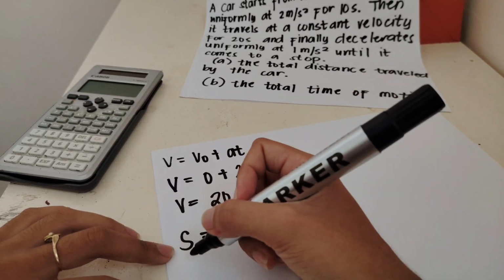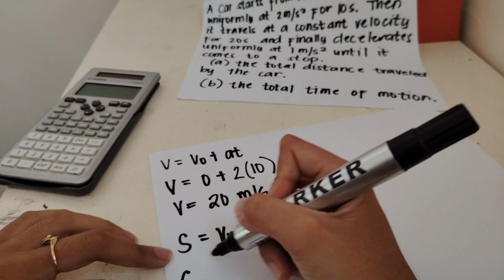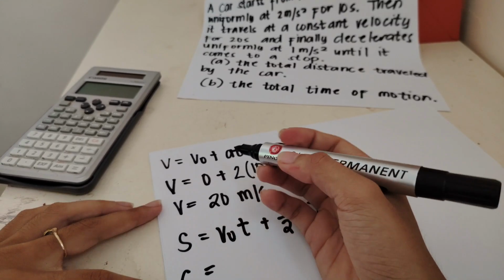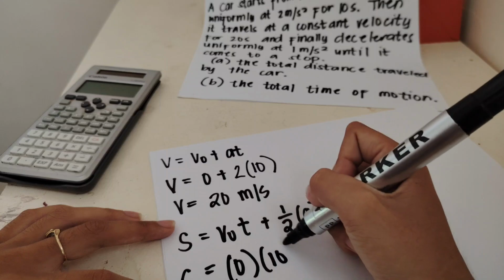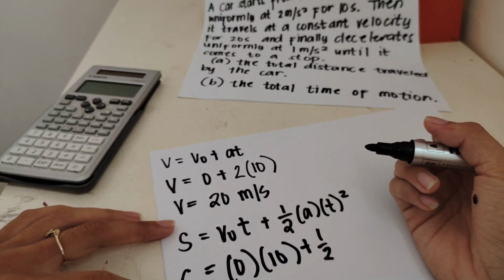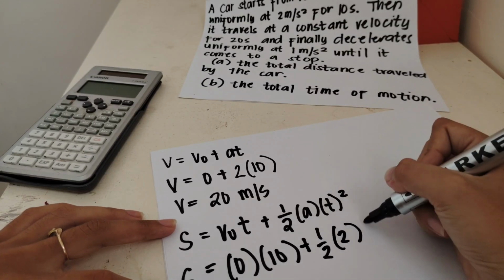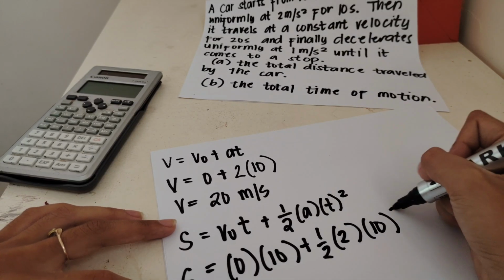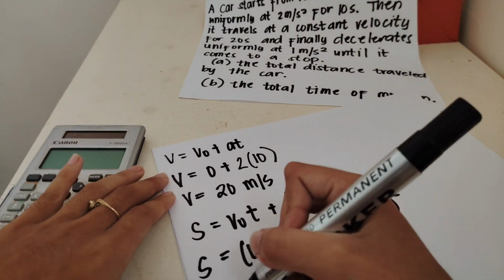So S is equal to initial velocity 0 times the time 10, plus 1/2 times the acceleration of 2 meter per second squared, times the time squared.